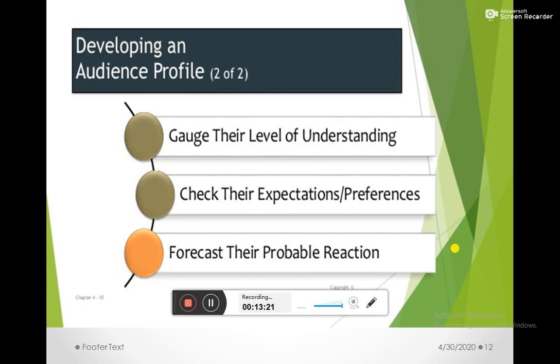If you expect a favorable response, you can state conclusions and recommendations upfront and offer minimal supporting evidence. If you expect skepticism or resistance, you can introduce conclusions gradually and with more proof.